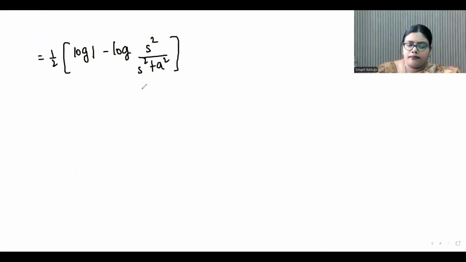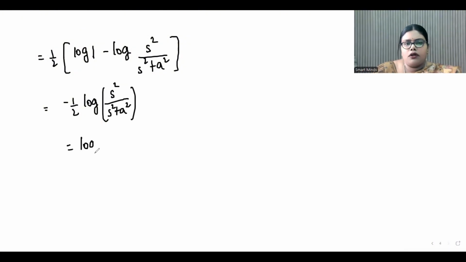That is equal to 1 by 2. Now we can write this as log 1 minus log s square by s square plus a square. That is minus 1 by 2, because log 1 is 0. Minus 1 by 2 log s square by s square plus a square.